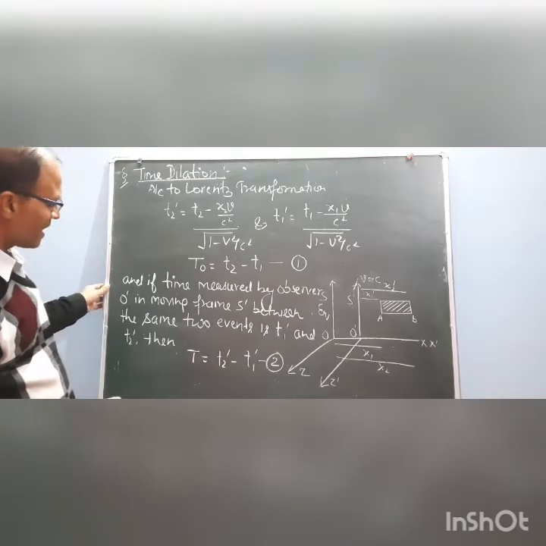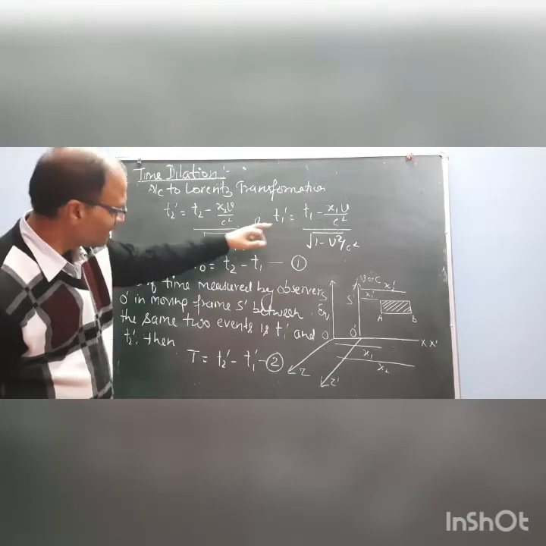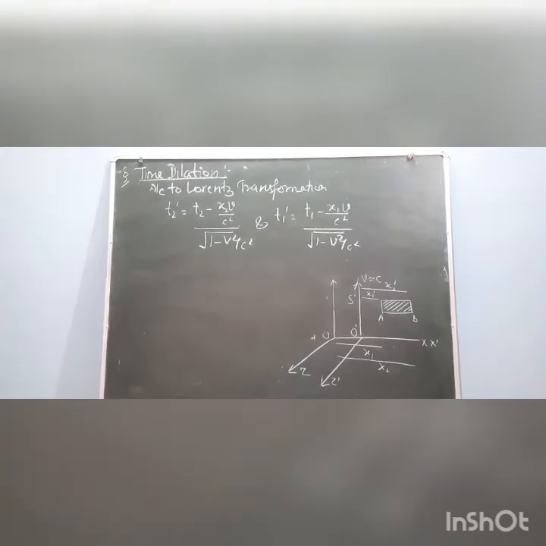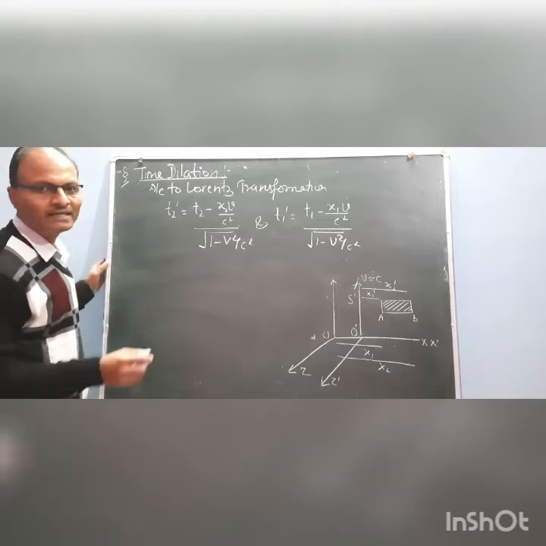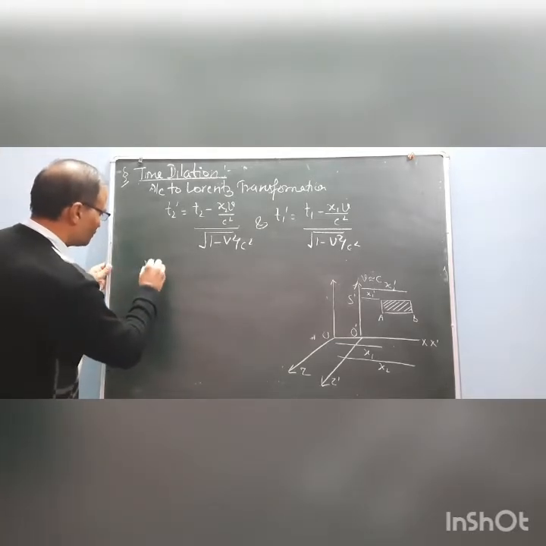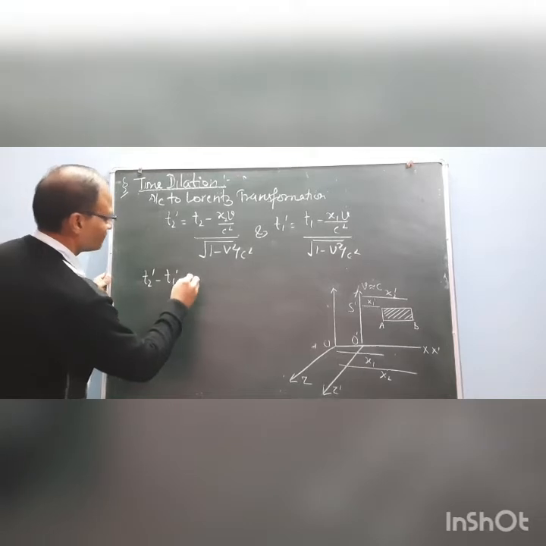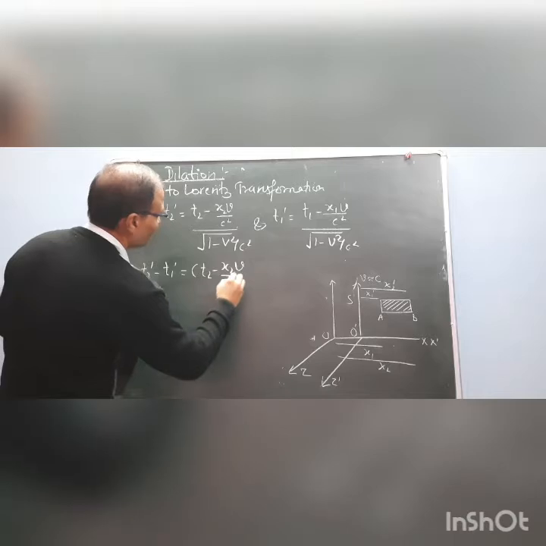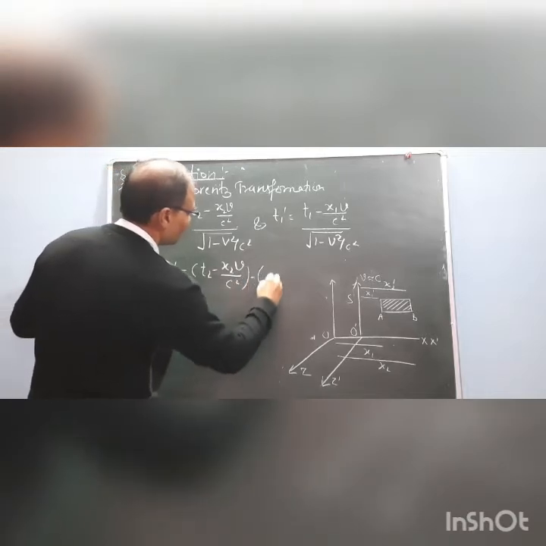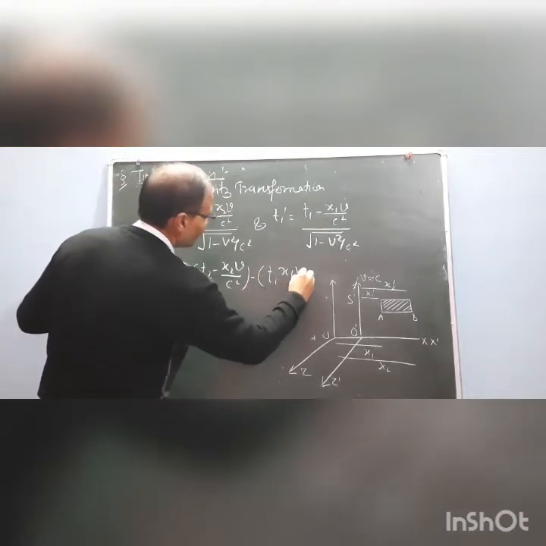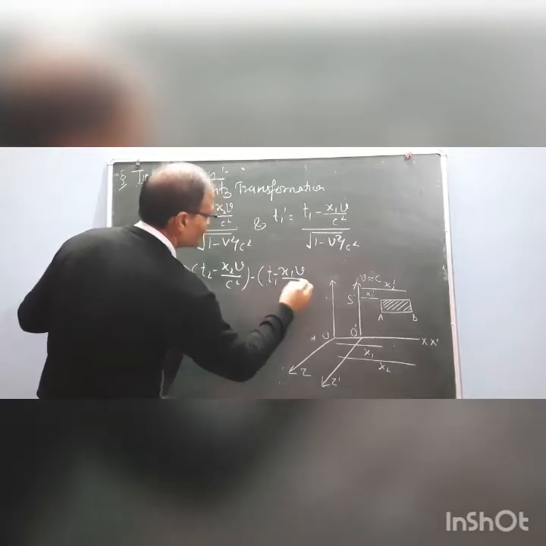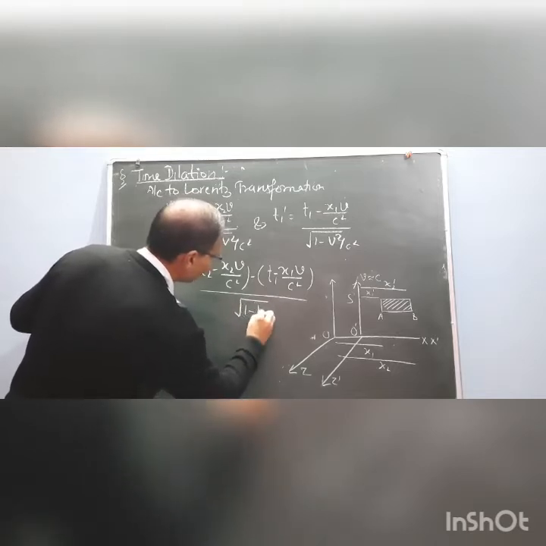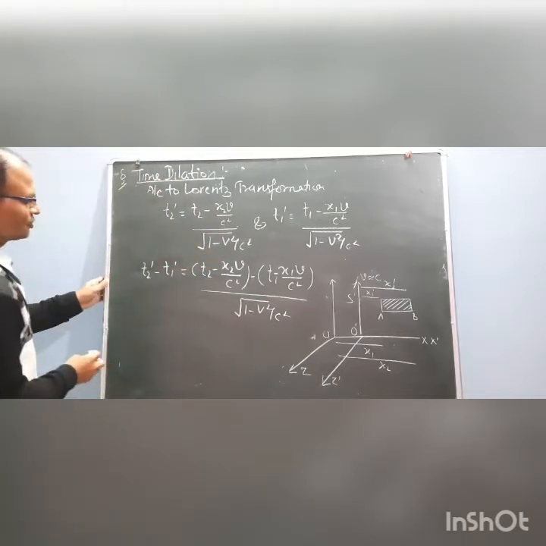Now apply the t2 dash and t1 dash in equation number 2. By equation second, t2 dash minus t1 dash equal to t2 minus x2 v upon c square minus t1 minus x1 v upon c square, upon under root 1 minus v square upon c square.